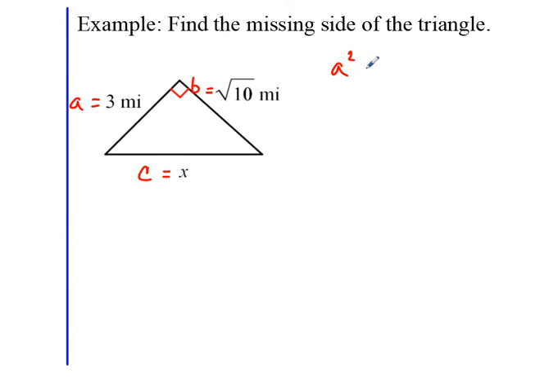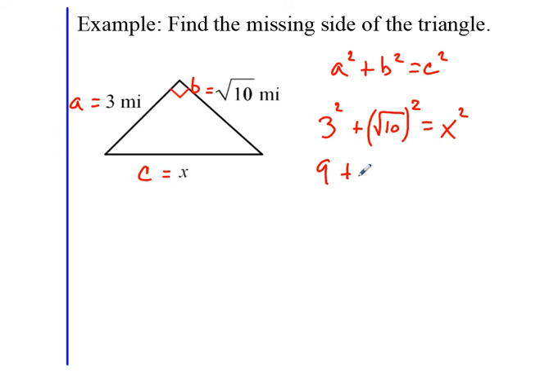So let's plug in each of these pieces into a squared plus b squared equals c squared. So my problem is going to say 3 squared plus, then I'm going to write down square root 10. I'm going to put parentheses on it because I'm going to square it because the formula says I have to square the B. I'm going to plug in an x in the C spot. 3 squared is pretty easy.